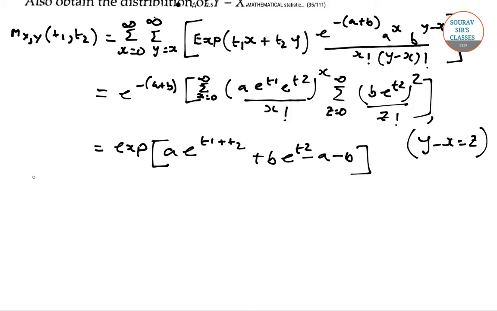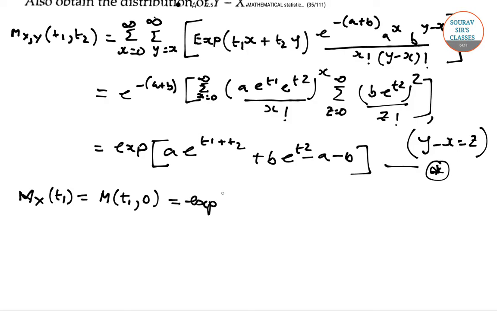Now from here, I will take this equation as star. Now we'll find M_x(t1), which is equal to M(t1, 0), which is equal to e to the power a (e^t1 minus 1).